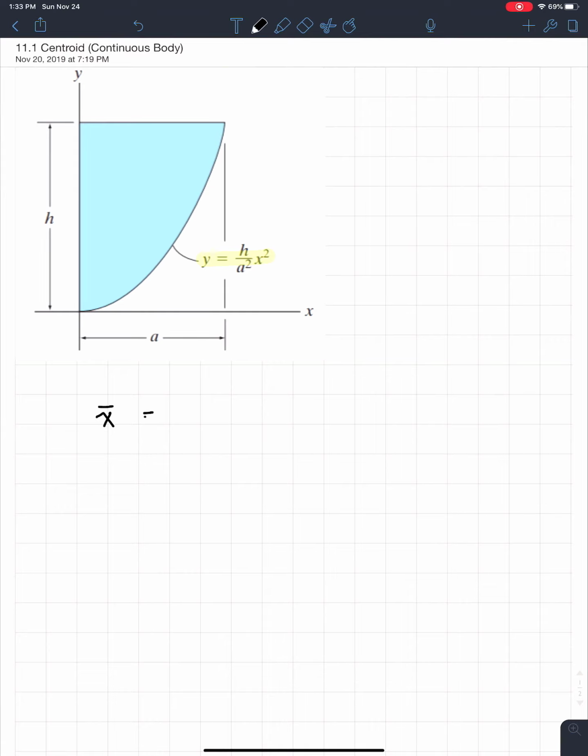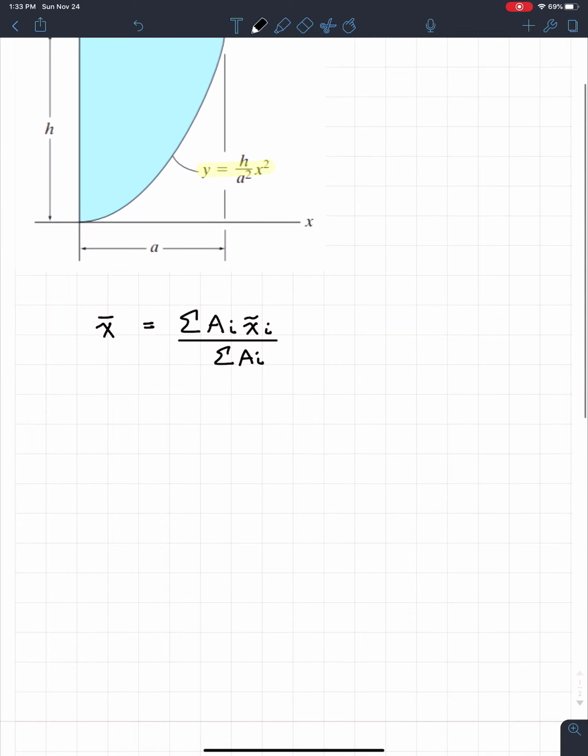So it's x bar, and that bar means the centroid, is equal to the summation of ai times x squiggle i, all divided by the summation of ai. And so the 2 things that you guys are going to want to know from this formula is this ai. Well, this is simple. This is just the area of a shape. So you guys know how to find area.